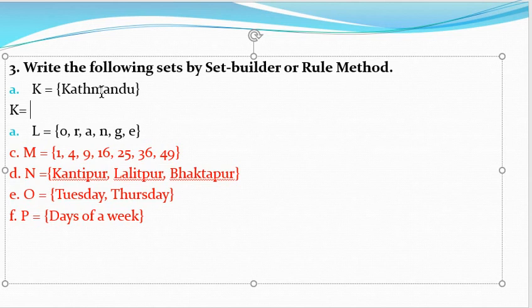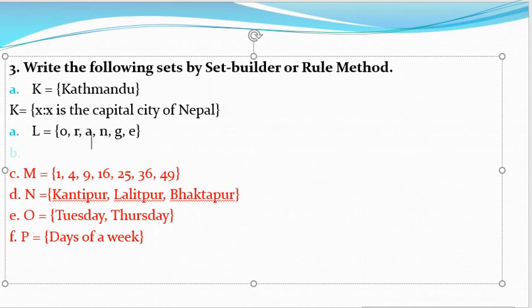Kathmandu is the capital city of Nepal. So you can write K equals curly bracket x such that x is the capital city of Nepal. Because the capital city is only one, that is only Kathmandu.